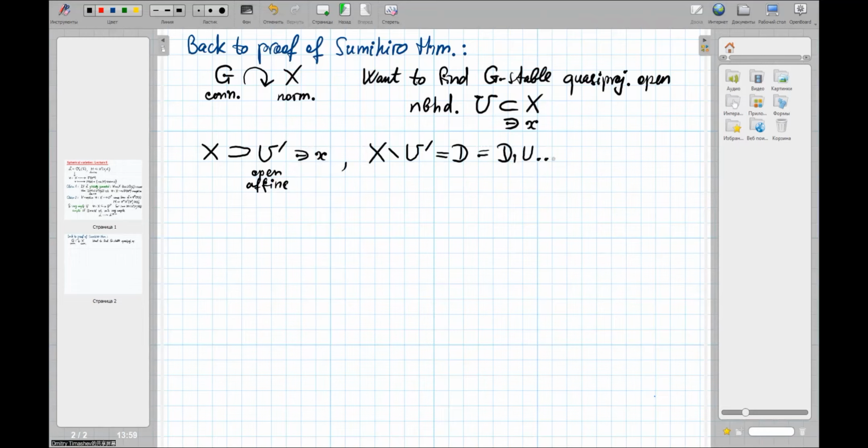More questions? Professor, can you say again why we can assume this condition on the intersection of the G-shifts of Di? Yes, just because otherwise you may just replace X with this complement, with X minus this intersection.